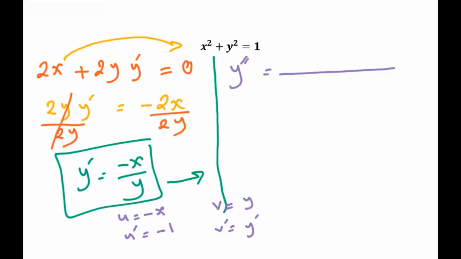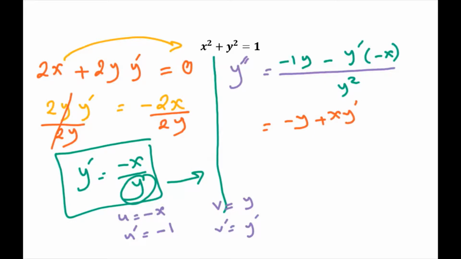So based on the rule, it's going to be u prime v minus u v prime, over v squared, which is in this case y squared. Try to simplify. Negative y plus x y prime over y squared.